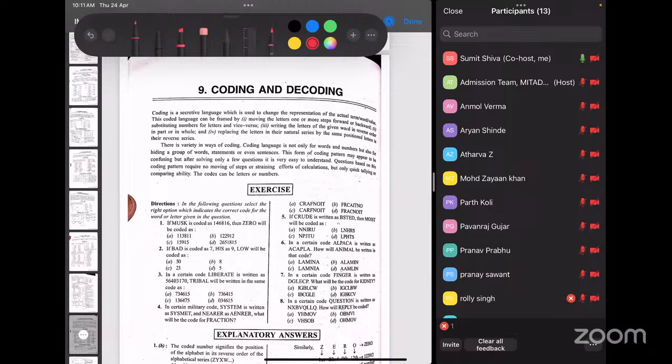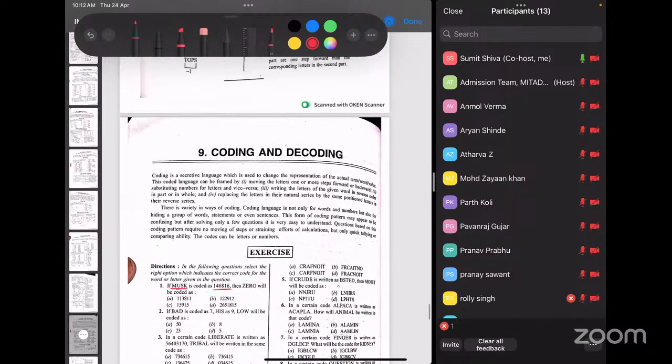Now you have to search out the logic of coding this word as numbers. If you find that logic, then we can apply it on the word ZERO and select the code. So what do you think? MUSK, what is the logic here? To solve the questions of coding and decoding, you have to remember the rank of the letters. So let me write here.